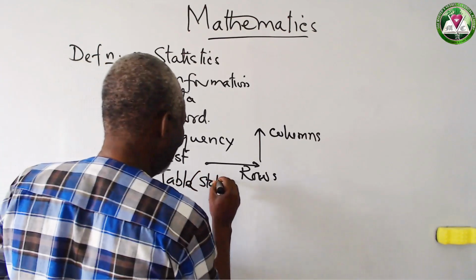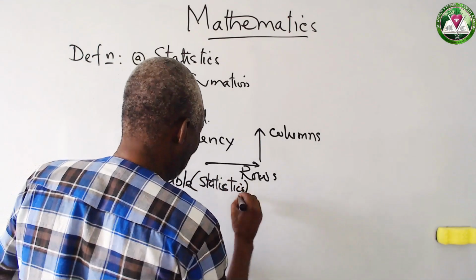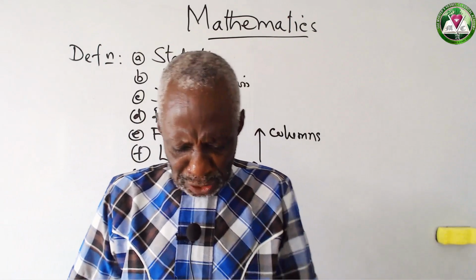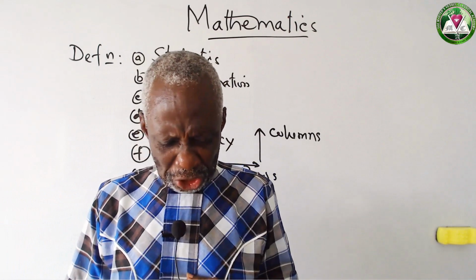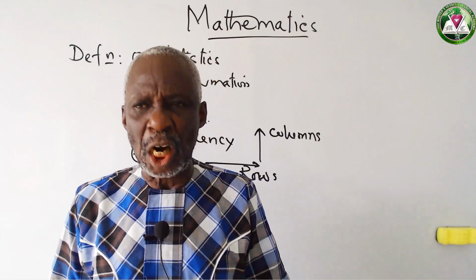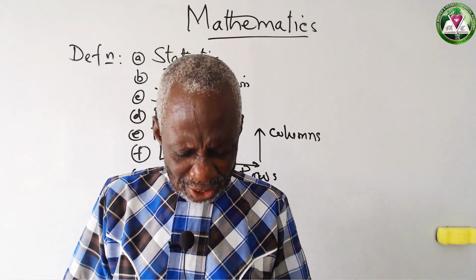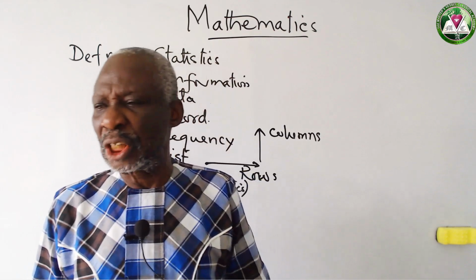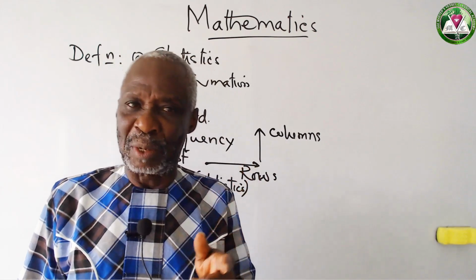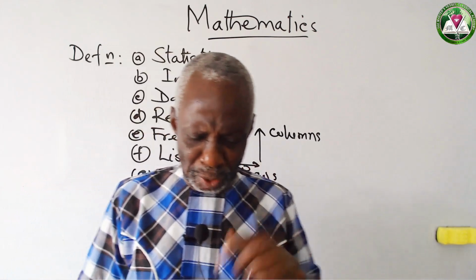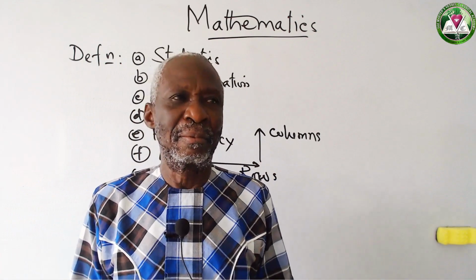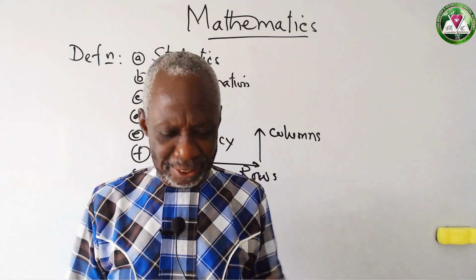We define this as information arranged in rows and also columns. But in arranging them in rows and columns, there is something you will see when we start putting the table. You see the difference between the table and the list. The list is not tabulated. The table is derived from the list.